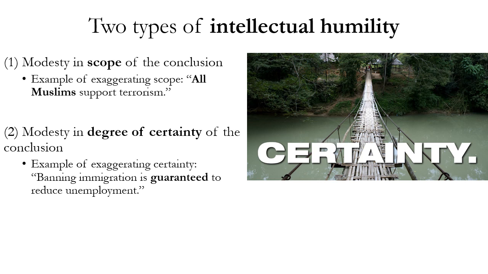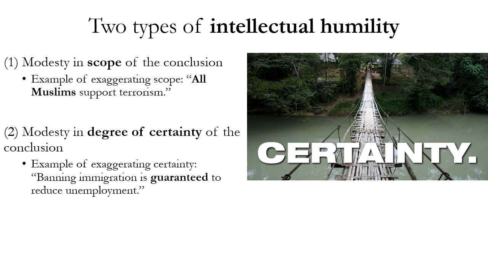A second type of intellectual humility is modesty in the degree of certainty of the conclusion. So here's an example of a conclusion with exaggerated certainty. Banning immigration is guaranteed to reduce unemployment. Perhaps you've given evidence to support the claim that an immigration ban would reduce unemployment.